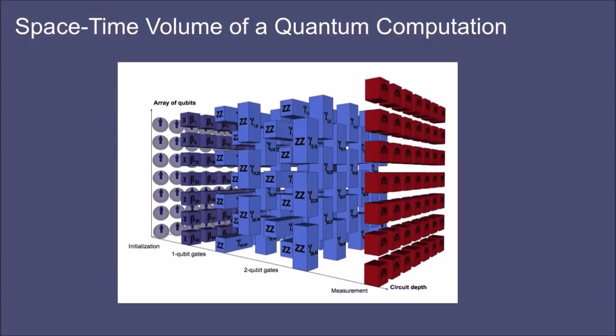And then you come in with your gates to manipulate your qubits. A gate, you can think of it, will rotate those vectors around. A single qubit gate will just look at one single qubit and rotate it around a certain axis. And the two qubit gates might do this conditioned on the state of another qubit.